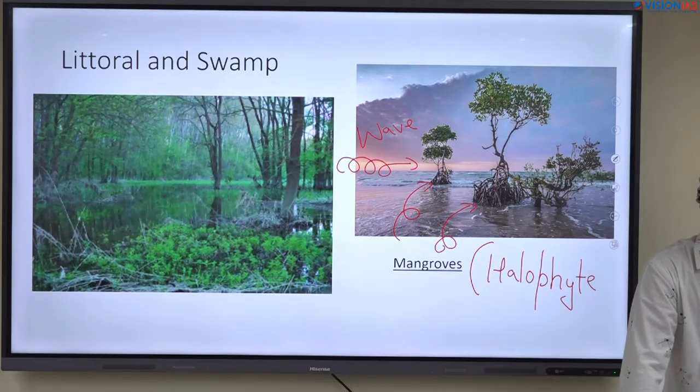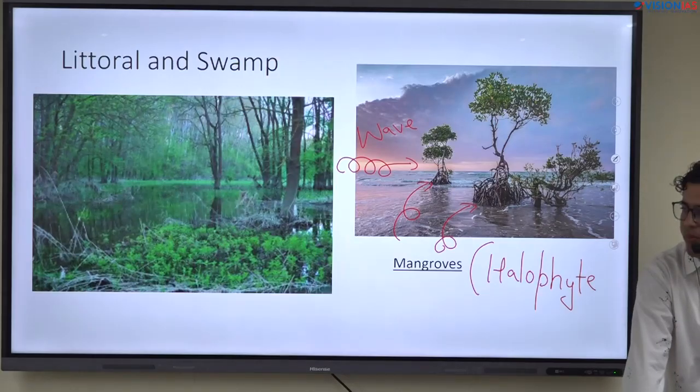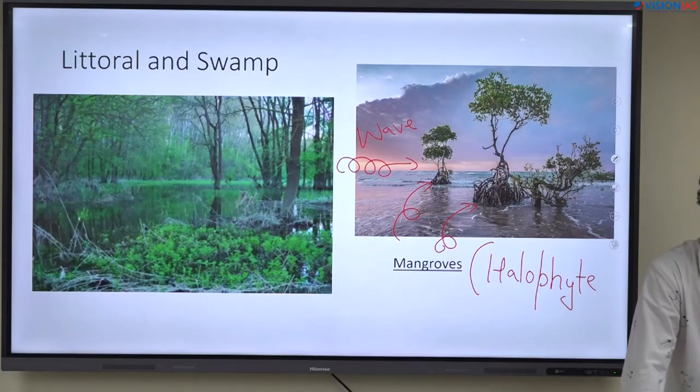If you compare it with category 1, which was moist tropical forest, category 2 is dry tropical forest. That means there is a difference of rainfall. Rainfall would be less here. It has 3 subtypes, category numbers 5, 6 and 7.